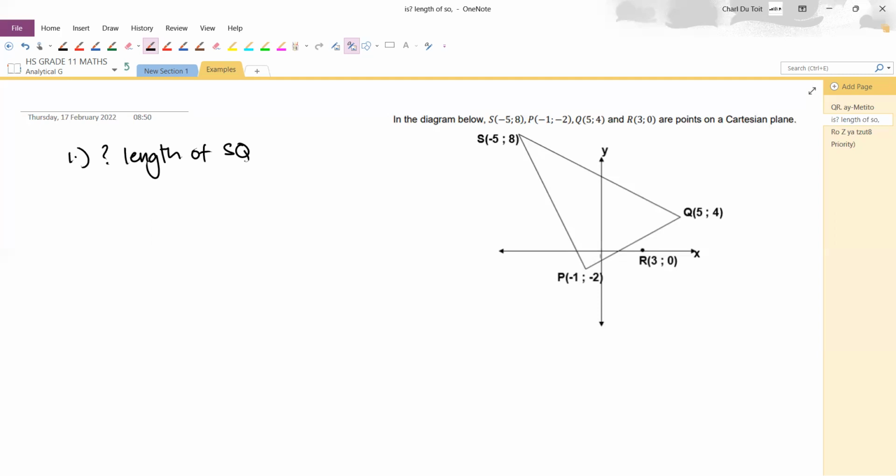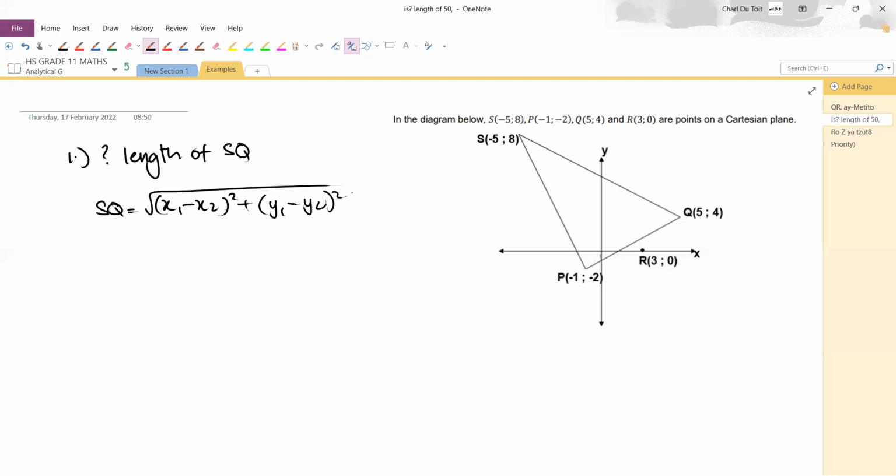Do you use your distance formula? Yes. You start SQ equals x1 minus x2, or 2 minus 1, doesn't matter, plus y minus y squared. Is the answer 2√29?